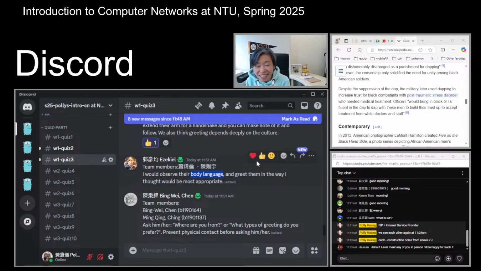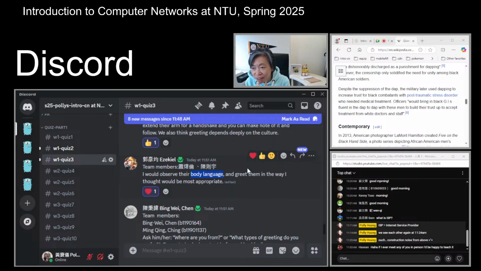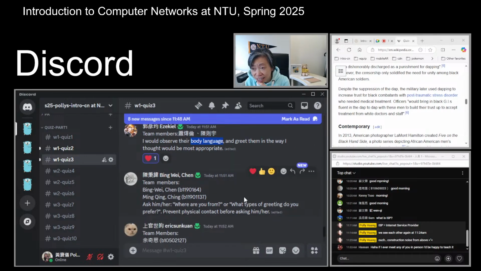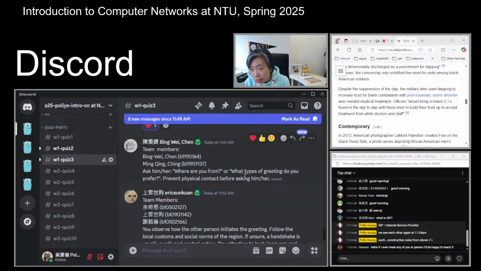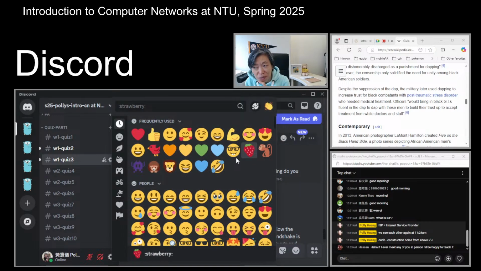If the body language is fuzzy, then use the most conservative way. And Bing Wei and Ming Qing. Yeah, simply ask, right? Or avoid physical contact before you are sure.